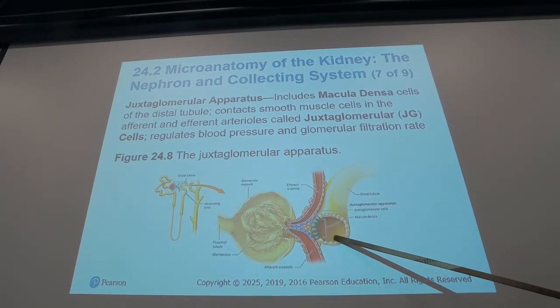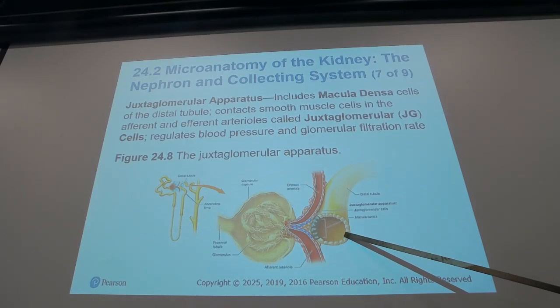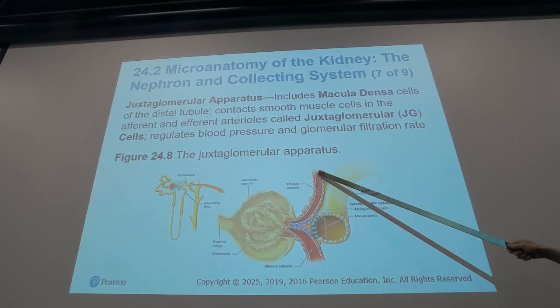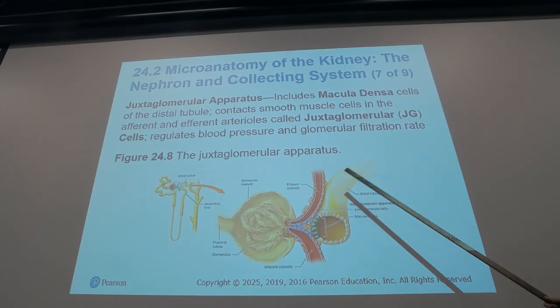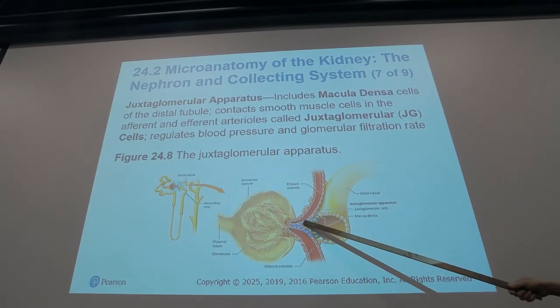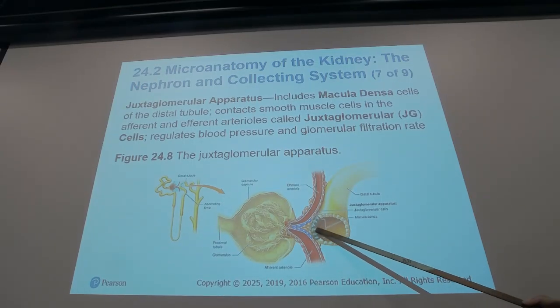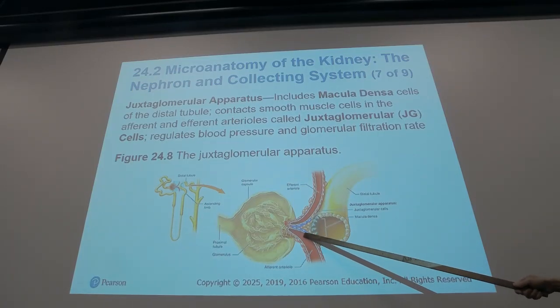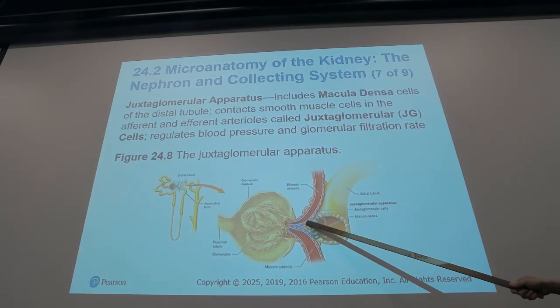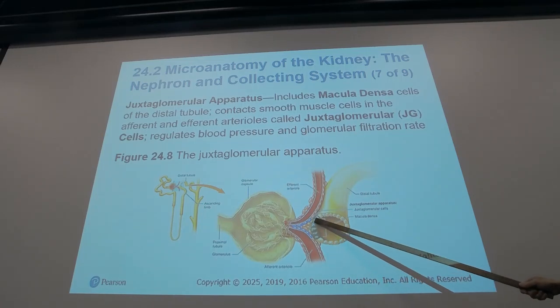And then here we have the distal tubule, and we have the efferent arteriole and the afferent arteriole. In the space between the afferent arteriole and the distal tubule, we have some cells called the juxtaglomerular cells here, and the macula densa cells here.